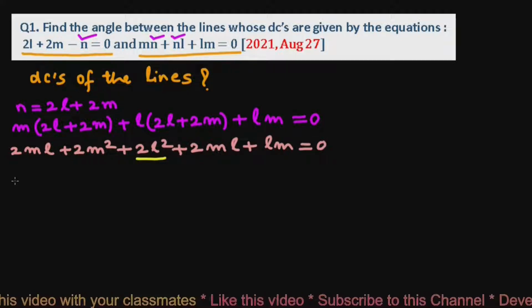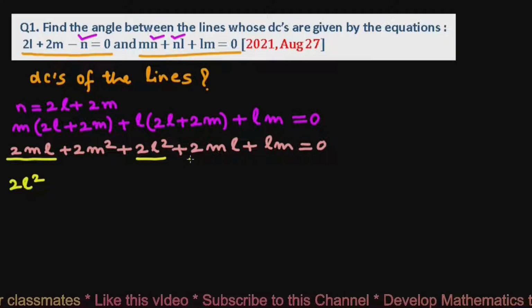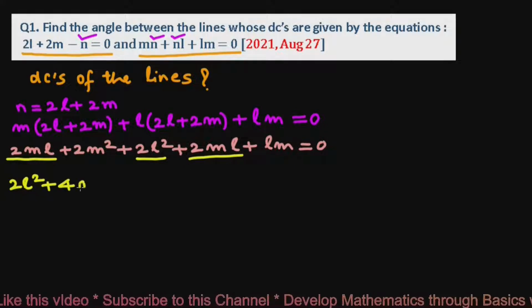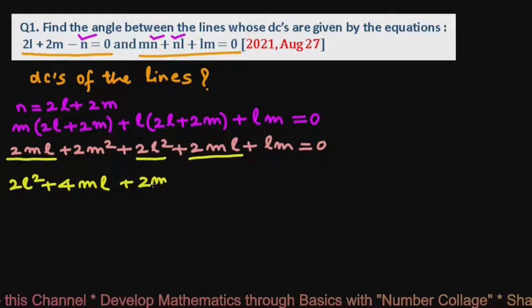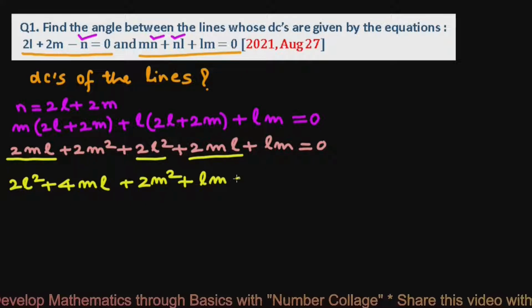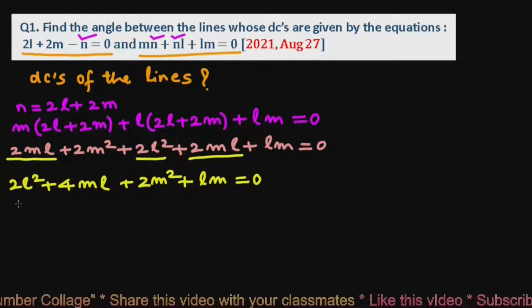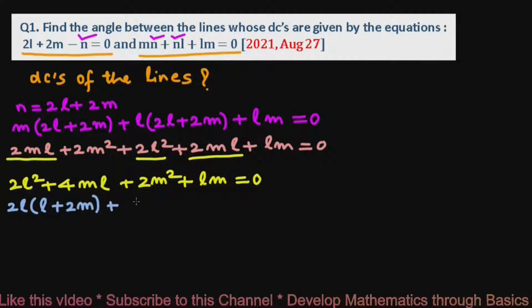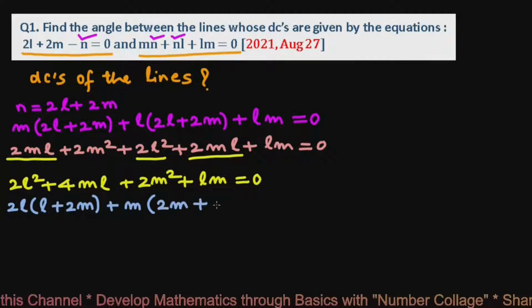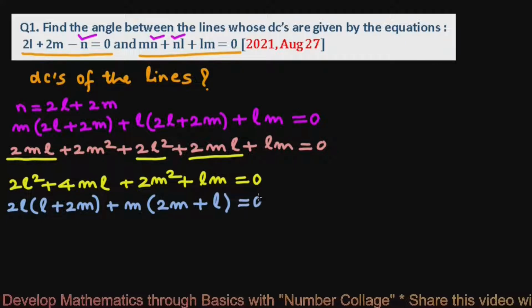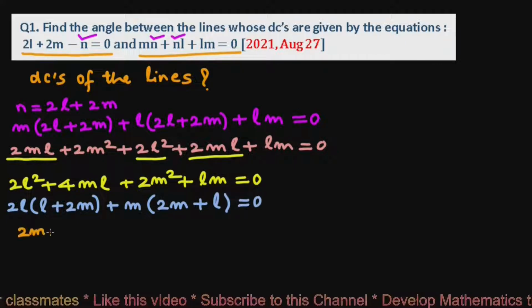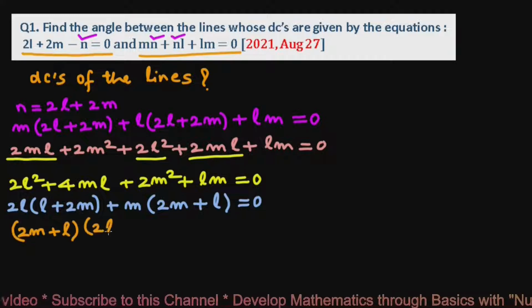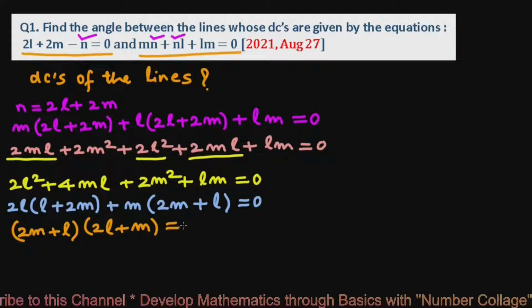Now this 2l squared, plus this 2ml plus this 2ml, 4ml, plus 2m squared plus lm equals 0. That will be 2l into (l + 2m) plus m into (2m + l) equals 0. So that gives (2m + l) into (2l + m) equals 0.